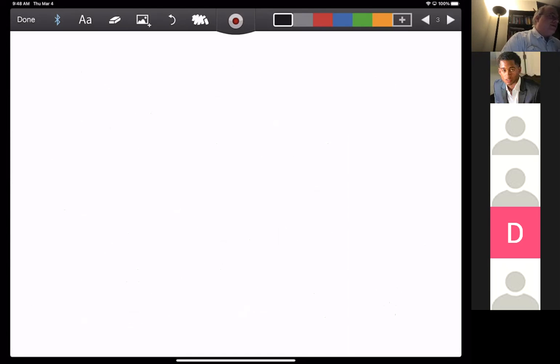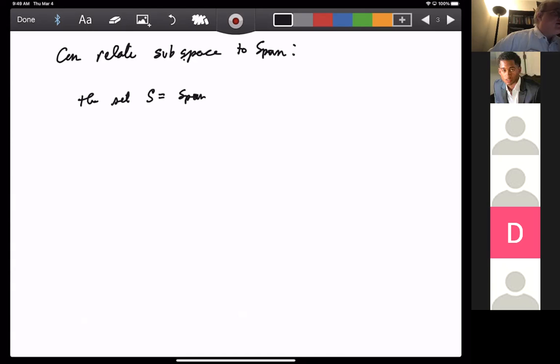So we can relate the idea of subspaces to the idea of span. The set S is defined to be the span of some group of vectors. I'll write the vectors with a bar underneath, just because it's easier for me here.